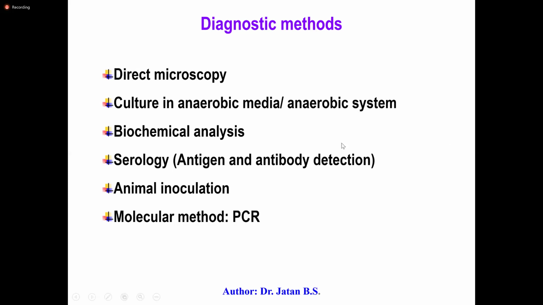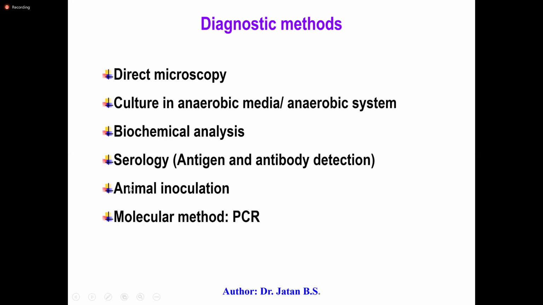Also, you can go for biochemical analysis. Last time I talked about the Nagler reaction, CAMP reaction. Those biochemical reactions can be done for identification. Also, you can go for serological reaction. You can detect the antigen, antibody by different methods, like you can do ELISA. You can even do immunofluorescent assay, etc. Animal inoculation is not done routinely.